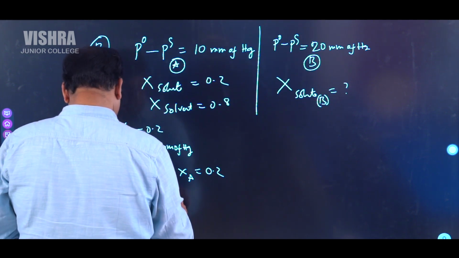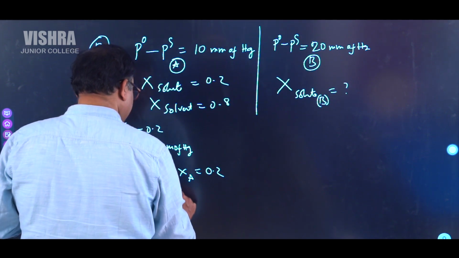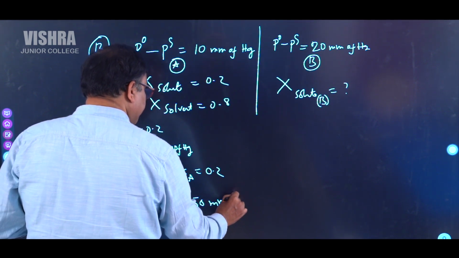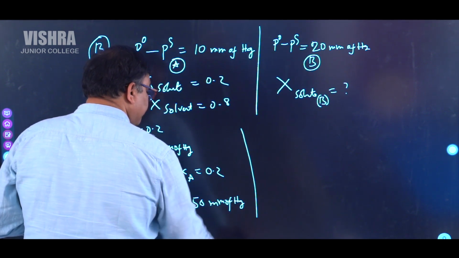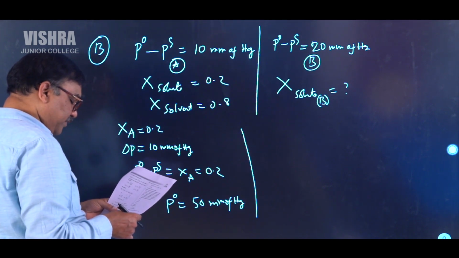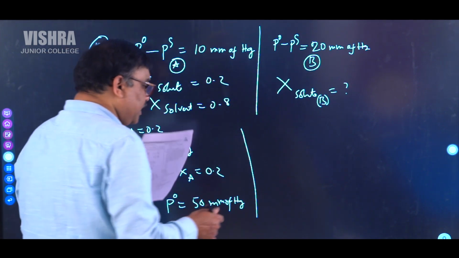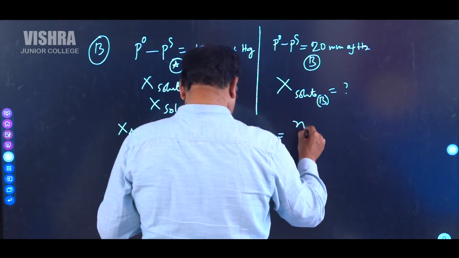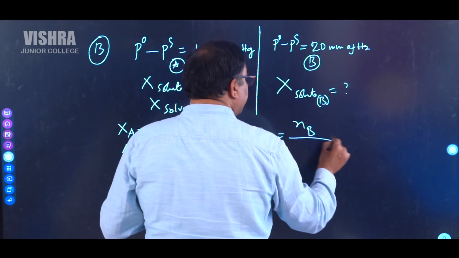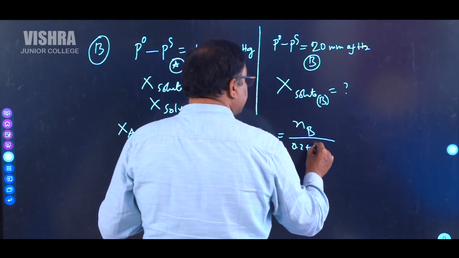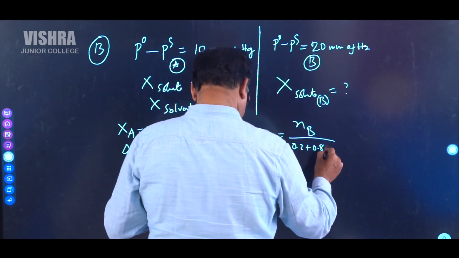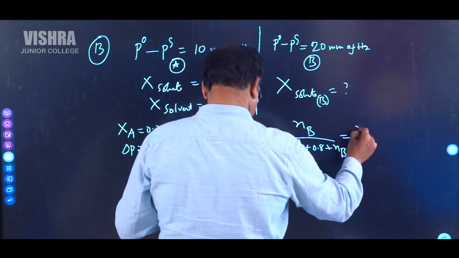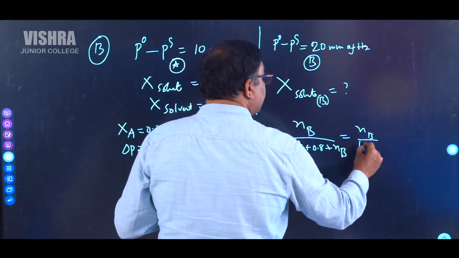So P0 is equal to 50 mm of Hg. After getting 50 mm for solute, we have to calculate XB. XB is equal to number of moles of B by 0.2 plus 0.8 plus NB, which is equal to NB by 1 plus NB.